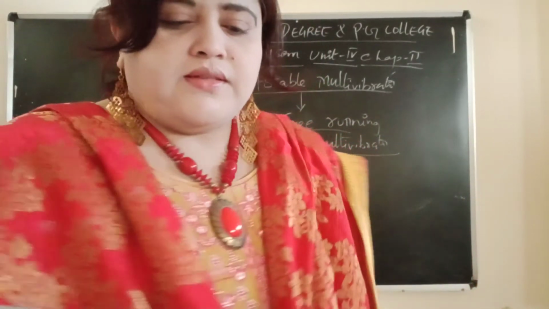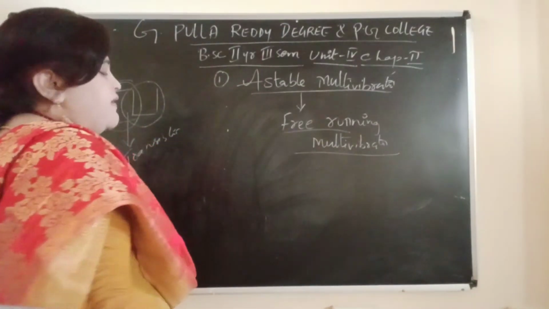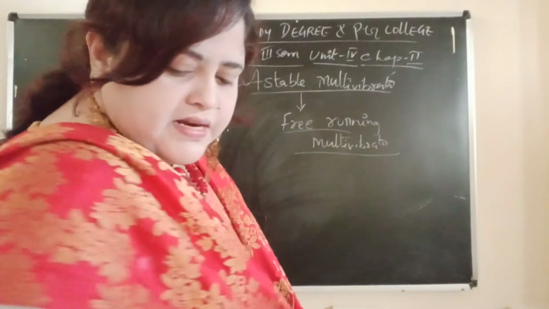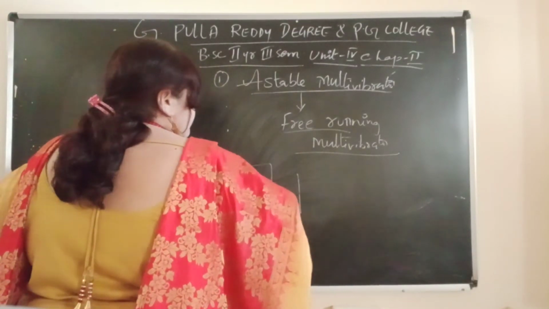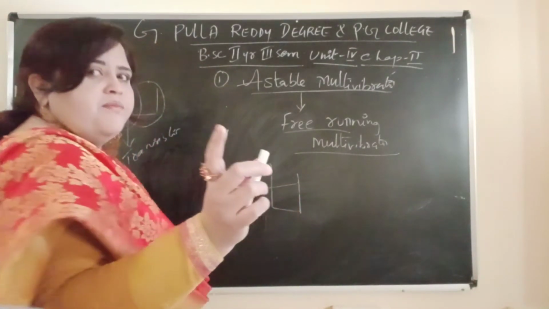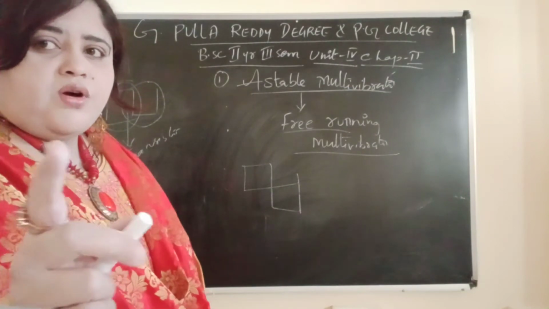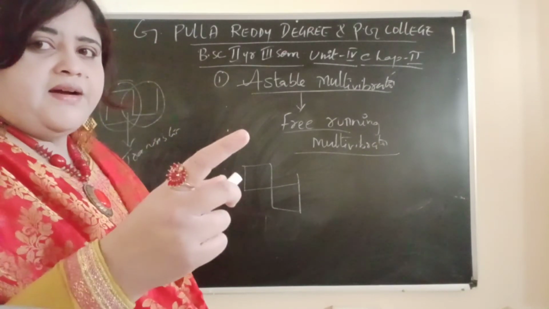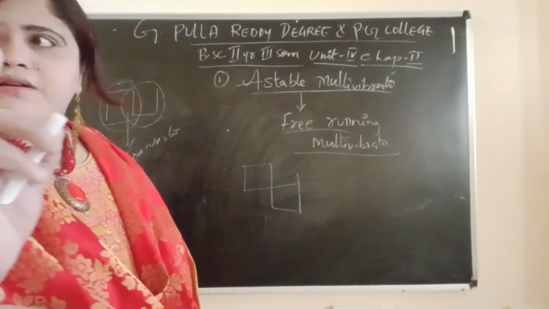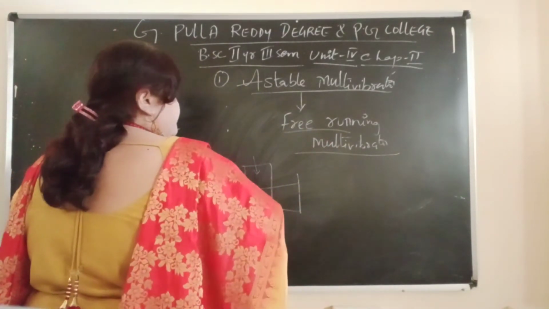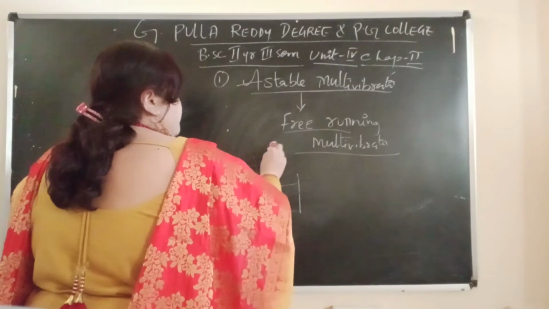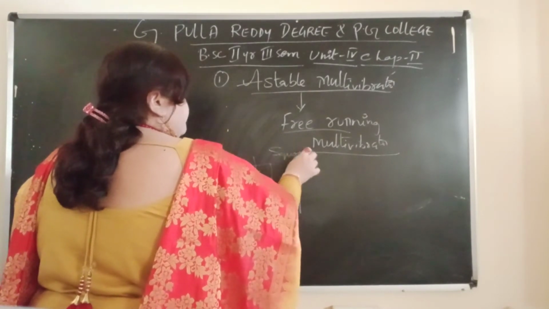Before going to astable multivibrator, one thing I want to explain about this square wave. This concept you have to remember, very important, because with this concept only you will study your three multivibrators. This multivibrator can generate the output in the form of square wave.